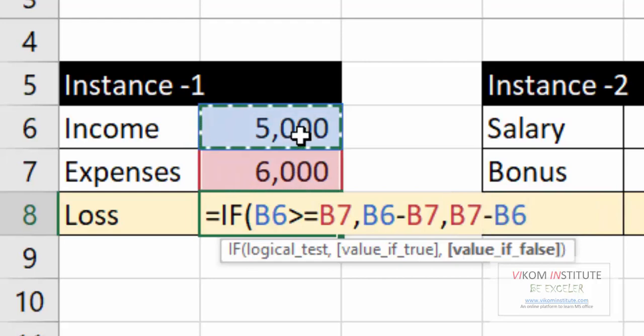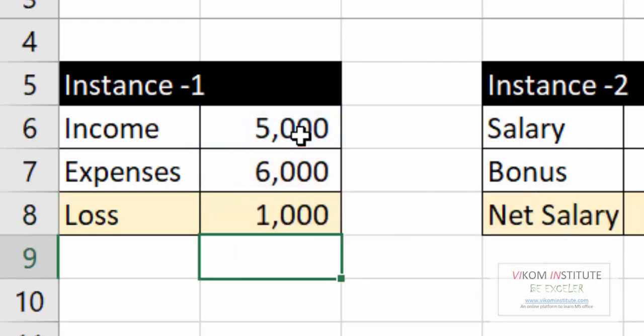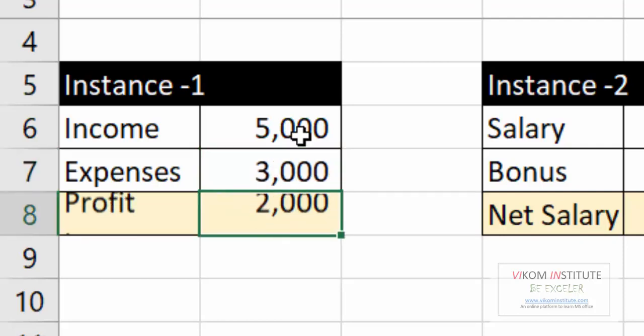So close the parentheses and press enter. So the loss would be 1,000. Now this will produce the correct answer in every scenario. If our expenses were 3,000, then our profit would be 2,000, positive.